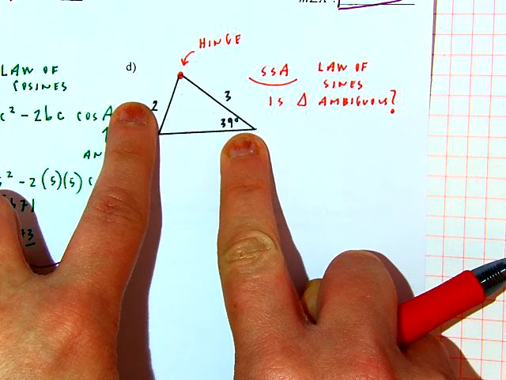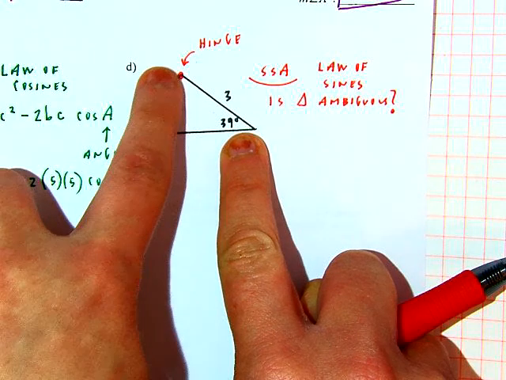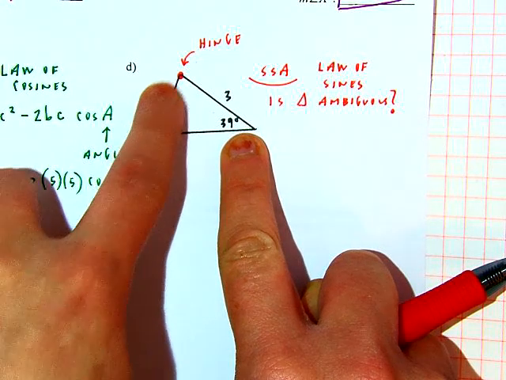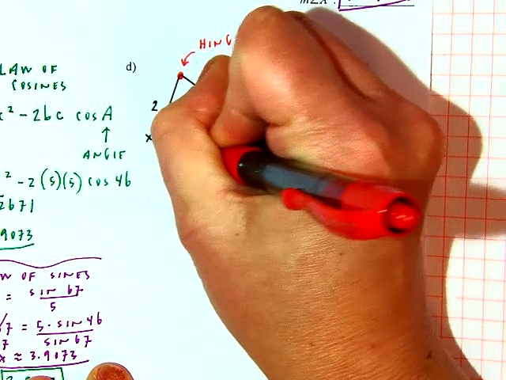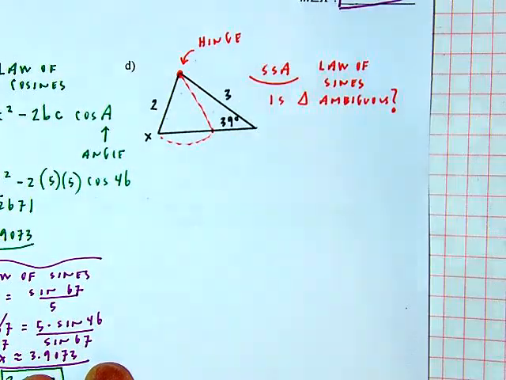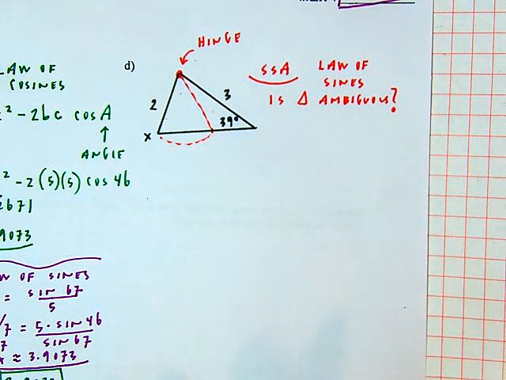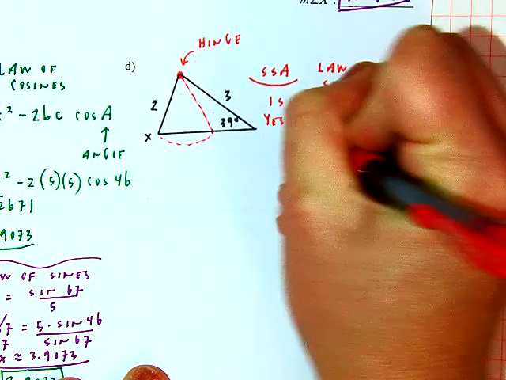And I can see, oh, it's less, right? It's smaller. So what happens then is that I do have that swinging door. That 2 has room to swing into an alternate position right about here. So that would be my alternate position. So we're going to say, yes, this triangle is ambiguous.